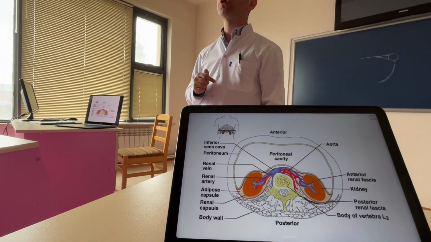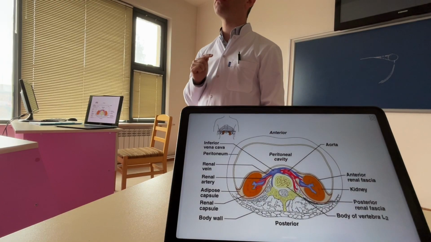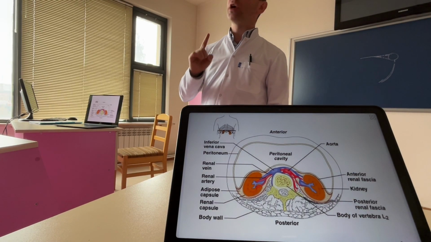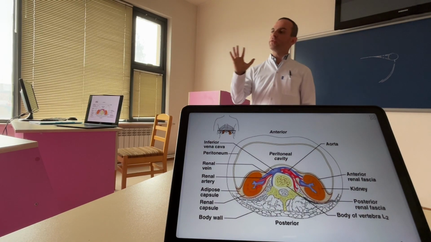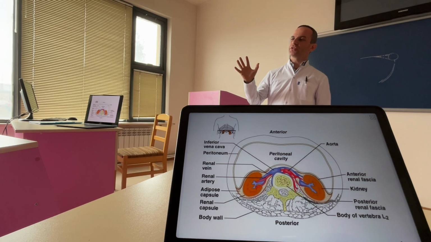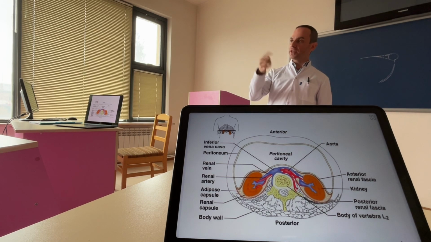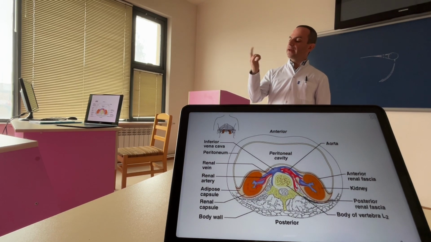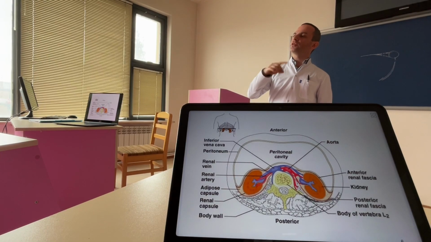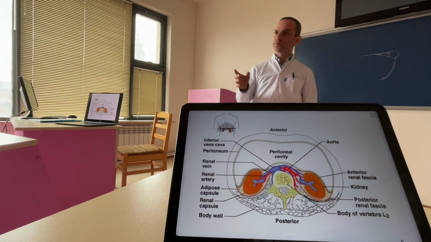Inflammation of them is called paranephritis, and it becomes painful. Remember, kidneys don't have pain receptors, but the capsule has, and also the urinary bladder, urethra, and urinary tract have, from the pelvic region.